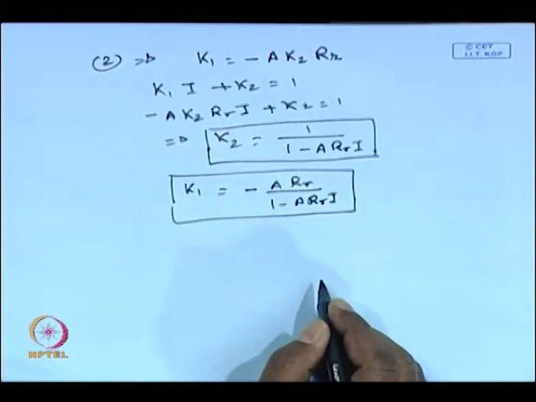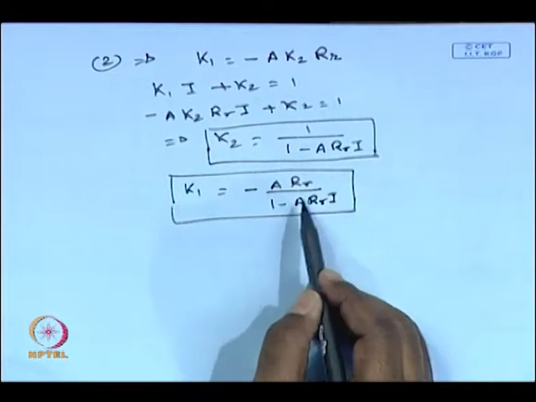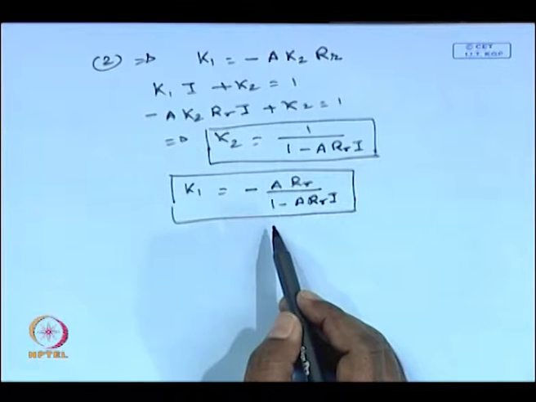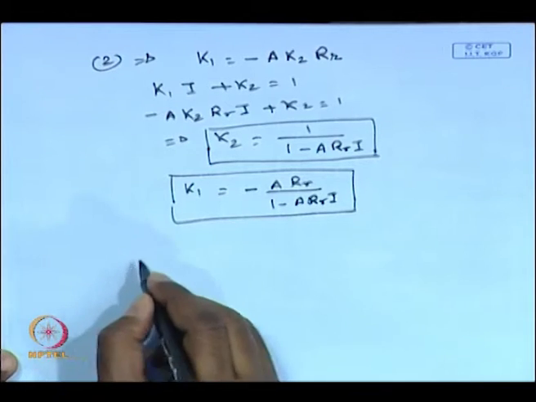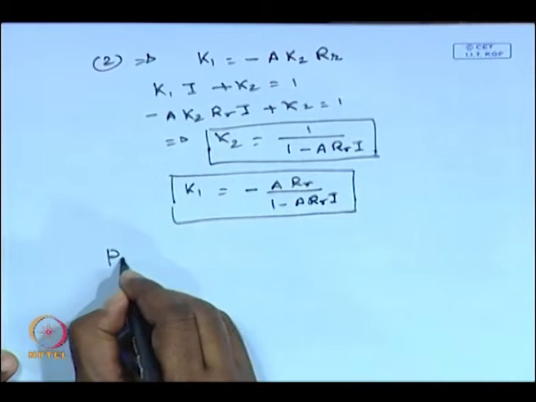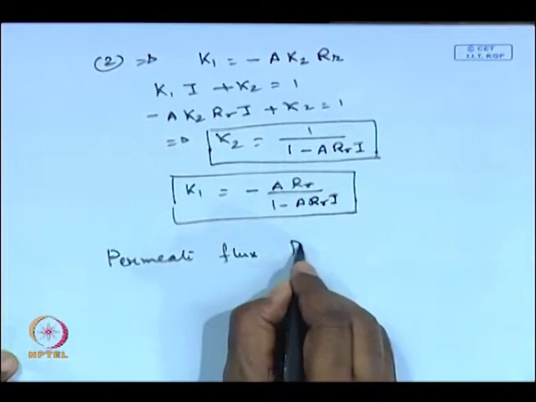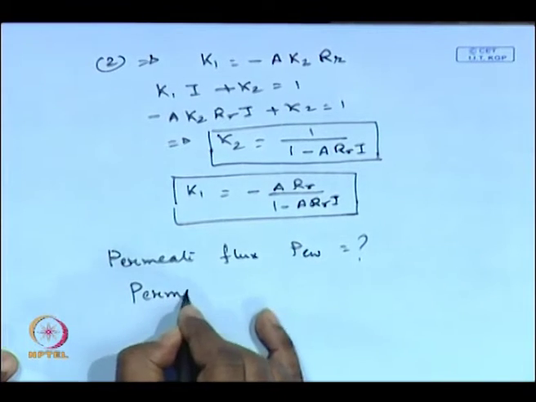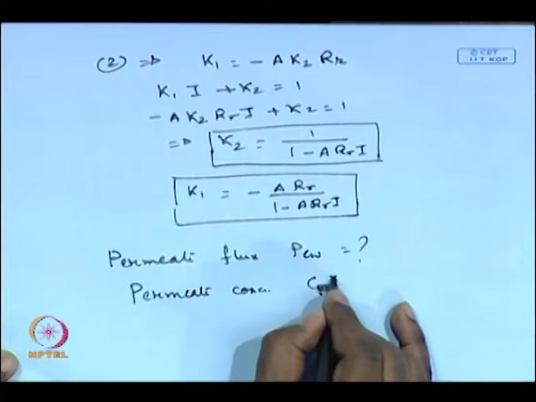Okay. So, using these two constants k1 and k2 and knowing the value of a, one can evaluate the concentration profile within the mass transfer boundary layer. But our aim is to evaluate the non-dimensional permeate flux and the permeate concentration, Cp star.